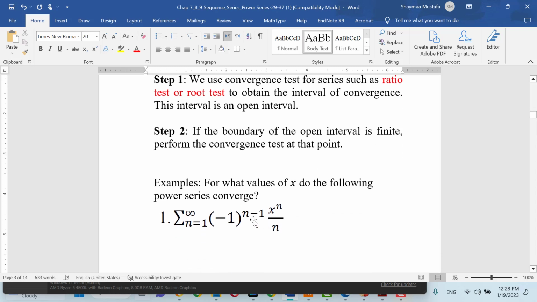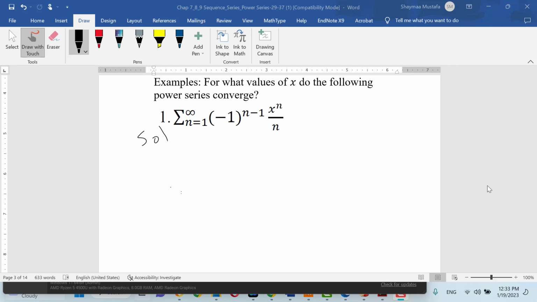Let us go, for example, if we have this series: for what values of x does the power series converge? In other words, what is the interval of convergence for this power series? The first step here is to apply the ratio test.